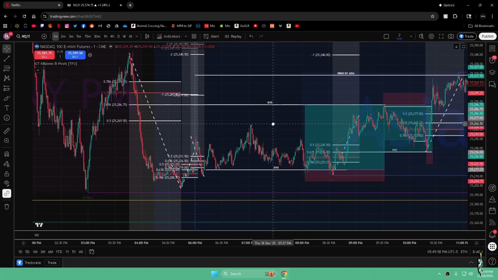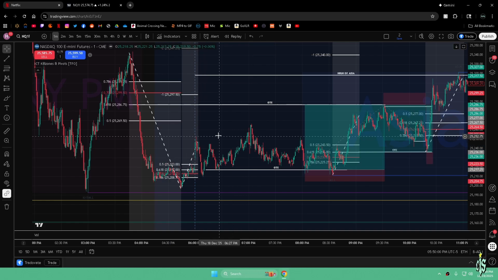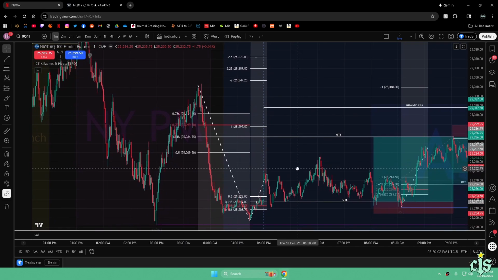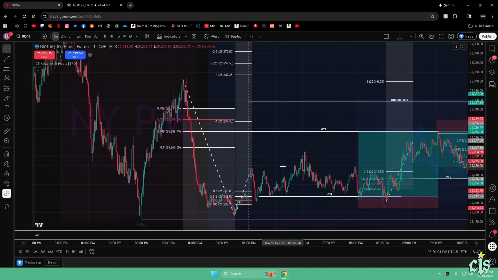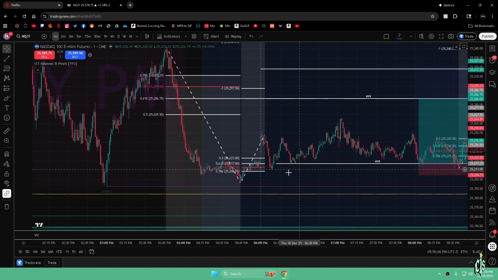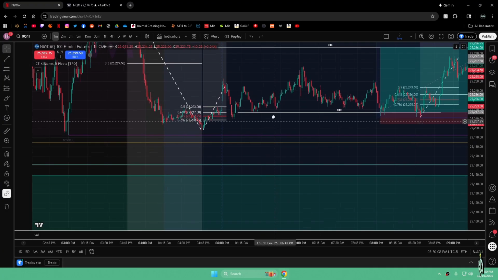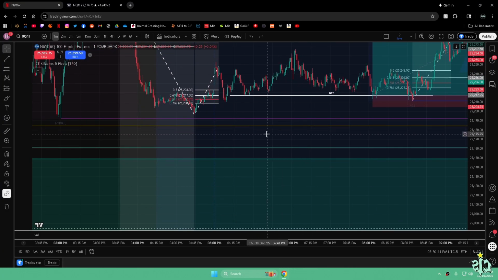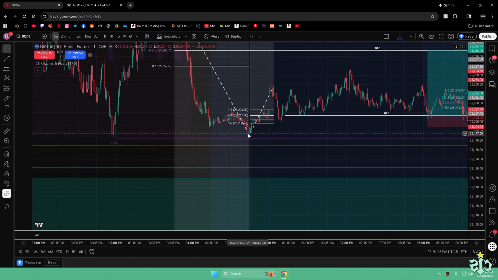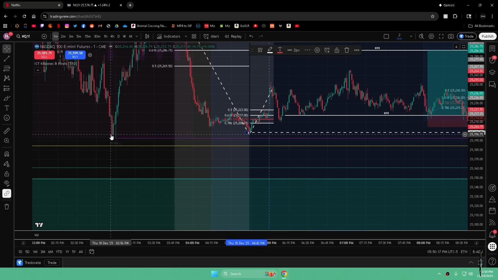Okay. So first thing you notice, I'm gonna get rid of this one so we don't get too much interruption, right? First thing that I see is our range down here and our imbalance. Then we have our 1 minute sell side liquidities right here and right here.